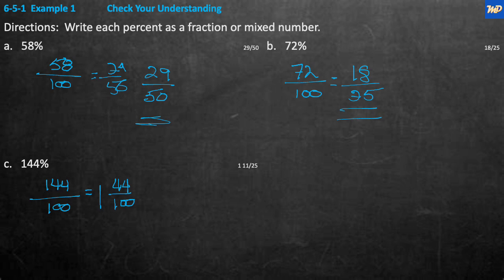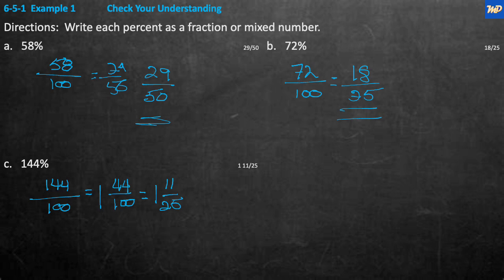What can we divide into 44 and 100? We can divide by 4. 44 divided by 4 is 11, and 100 divided by 4 is 25. So the answer is 1 and 11 25ths.